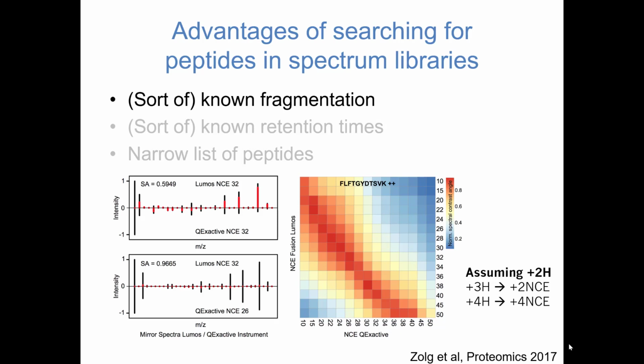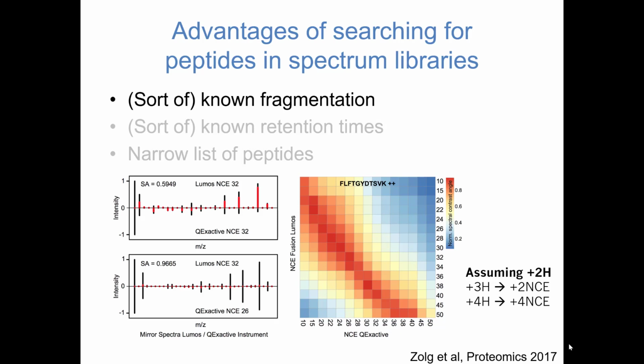Another aspect to that is the difference between a DDA spectrum library that's collected using normal DDA settings, you know, like with collision energy optimization for +3s and +4s and +5 peptides, is that those actually have a pretty significant adjustment in the collision energy.